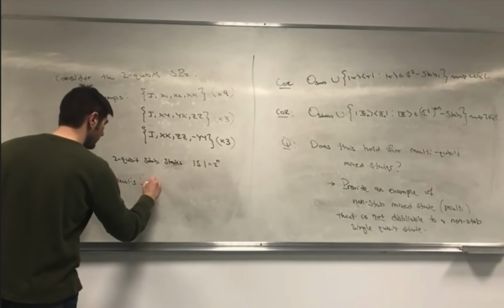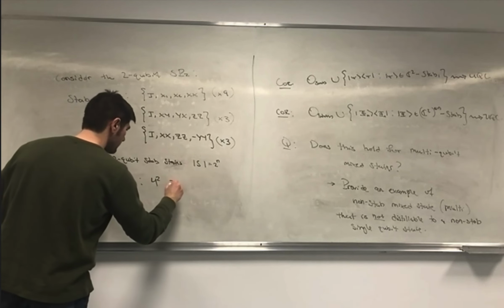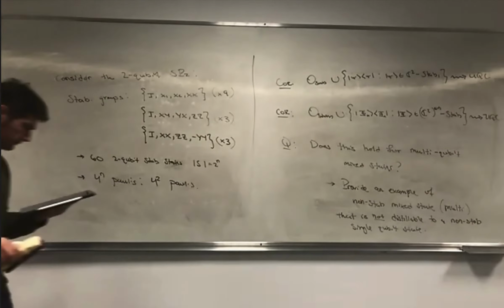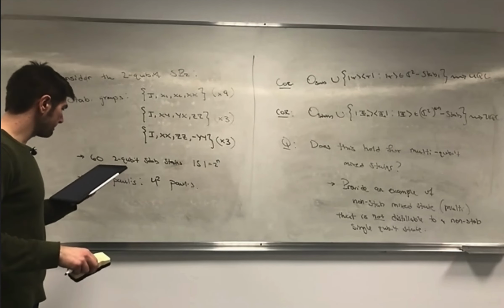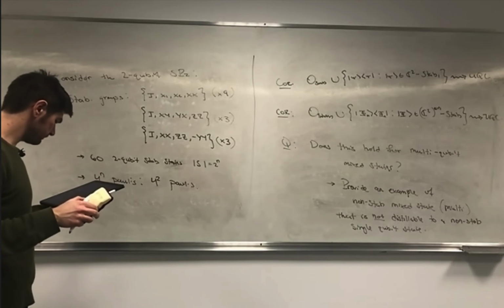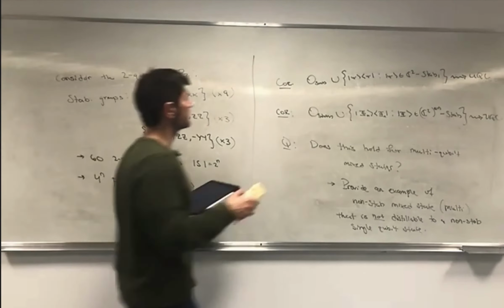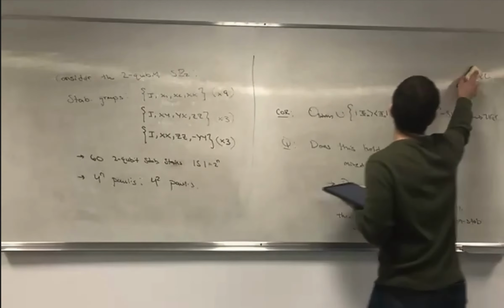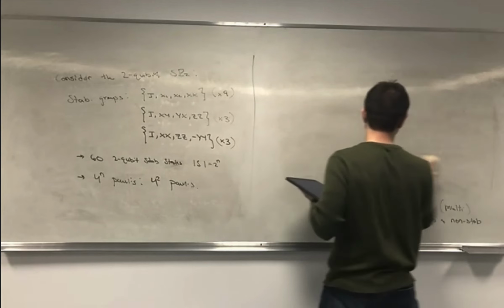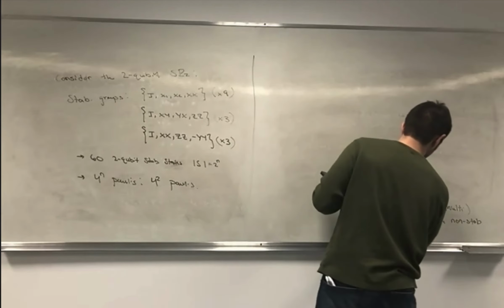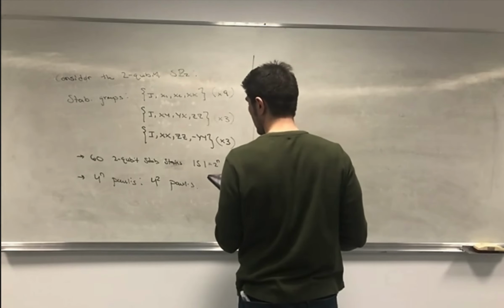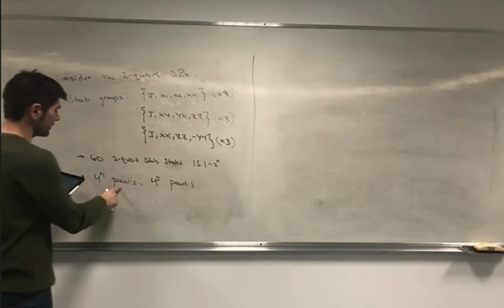And so here we have 4 squared Paulis. For the purposes of time, I don't want to go through all of these, but there's 4 to the n Paulis.